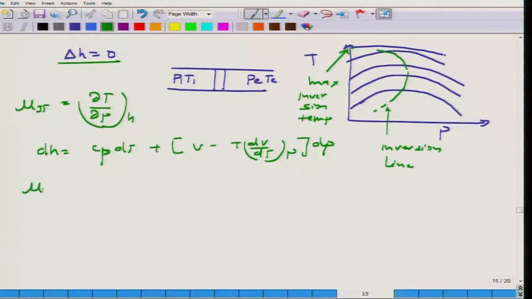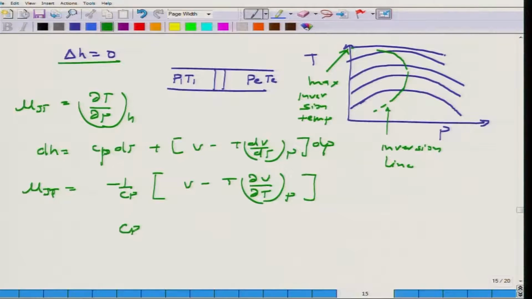So your mu_JT, which is del T by del P, is nothing but minus 1 over Cp times V minus T del V by del T at constant P. So this is your simple Joule-Thomson coefficient relation, which can be evaluated using Cp and PVT relations.